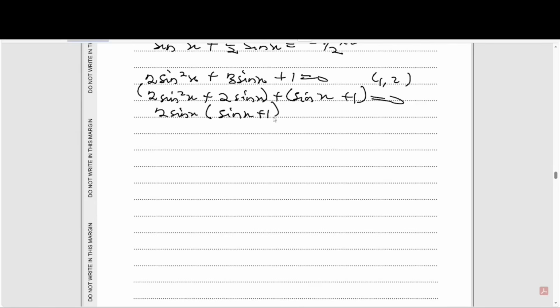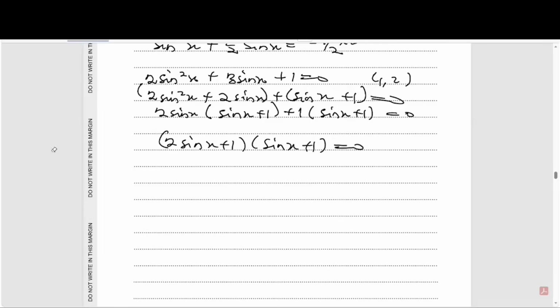2 sine x is common to the first two terms. We have 2 sine x out, we have sine x plus 1 in one bracket. And 1 is common to the last two terms, so sine x plus 1 equals 0. So we have 2 sine x plus 1, and then sine x plus 1 is equal to 0.